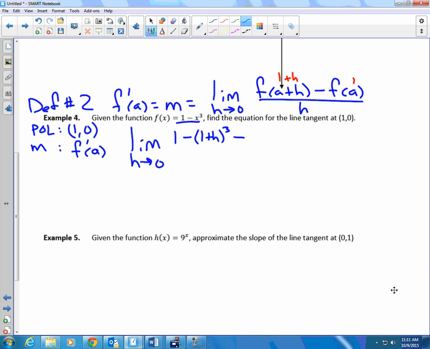I'm sorry, x minus a? No, that was for the old definition. Okay, that was for the old definition. This is, we're simply taking this function, 1 minus x to the third, and we're plugging 1 plus h in for the x. See that?